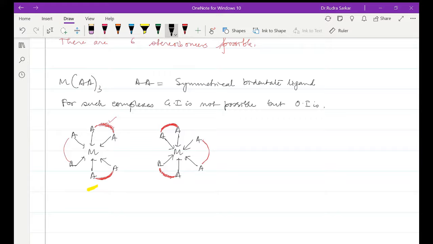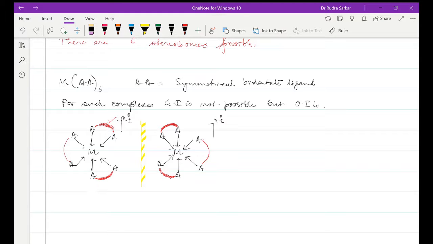So out here the mirror images are as follows. So for MAA whole thrice, we are only having 2 sets of isomers.